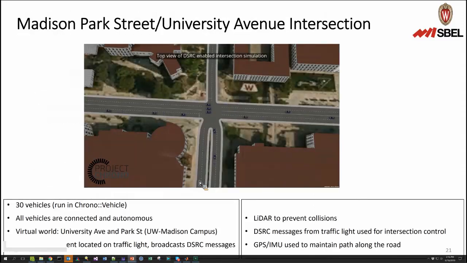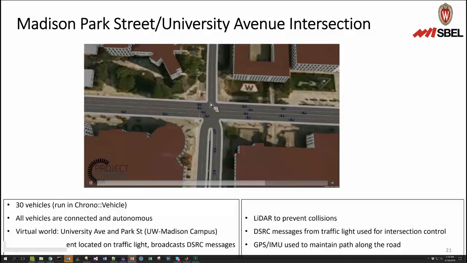To cut to the chase, this is a simulation of an intersection in Madison, Park Street and University Avenue. In this framework, we have 30 vehicles. They don't have any drivers. All of them are autonomous. And there's a traffic light. I don't know if you can see it, I'm moving my mouse. There's a traffic light here and there's a traffic light there.